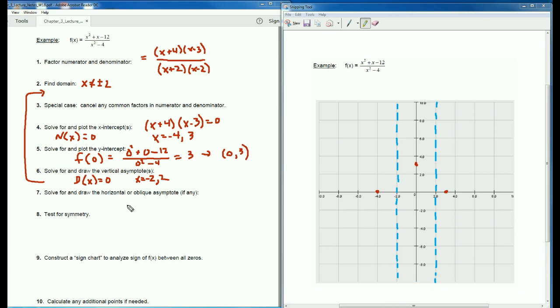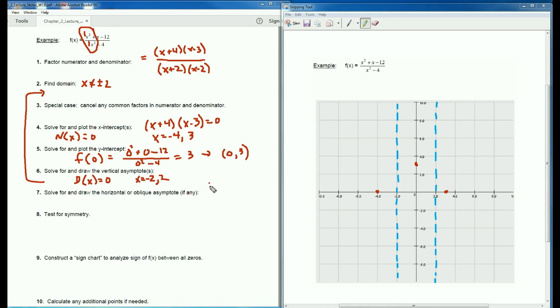All right, solve for and draw the horizontal or oblique asymptote, if any. All right, so again, we want to compare the leading terms. So notice that the degrees are the same. N is 1, M is 1. So in that case, we're going to look at the ratio of the leading terms, both of which are 1.